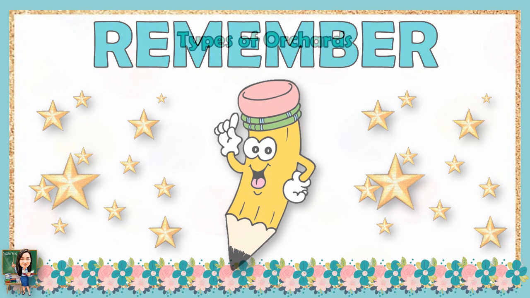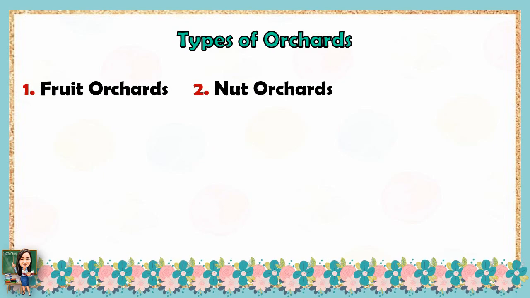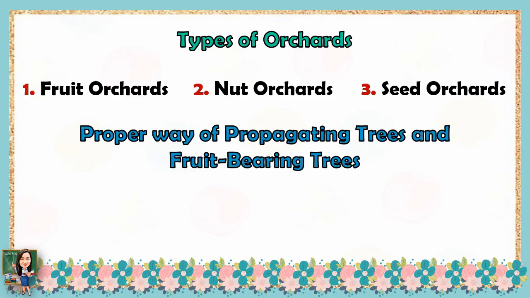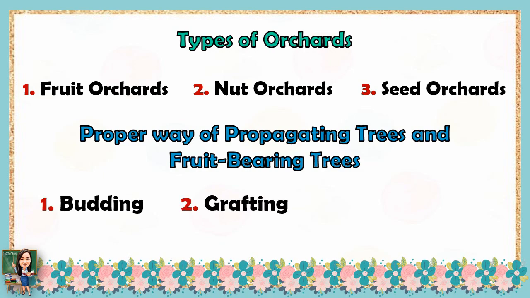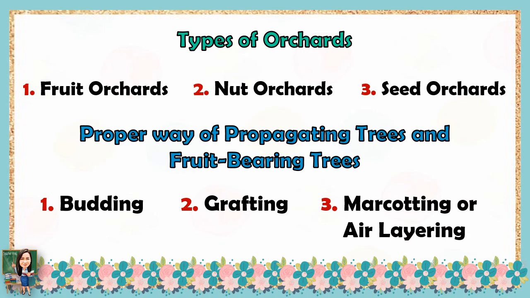Remember, the different types of orchards are fruit orchards, nut orchards, and seed orchards. There are different proper ways of propagating trees and fruit-bearing trees. These are budding, grafting, and marcotting or air layering.